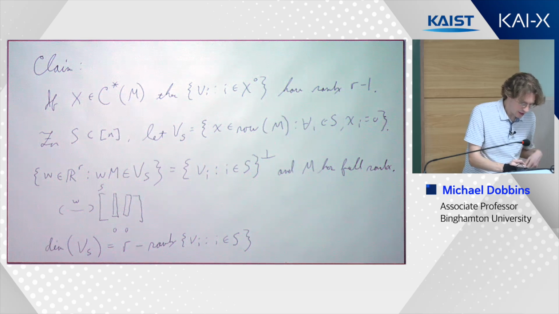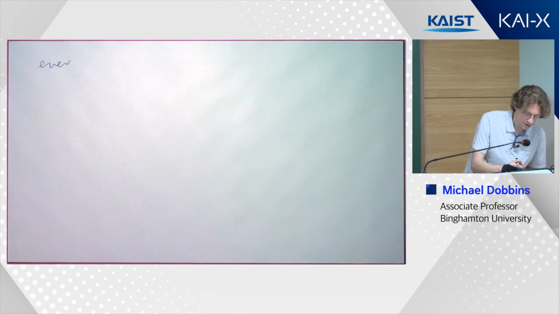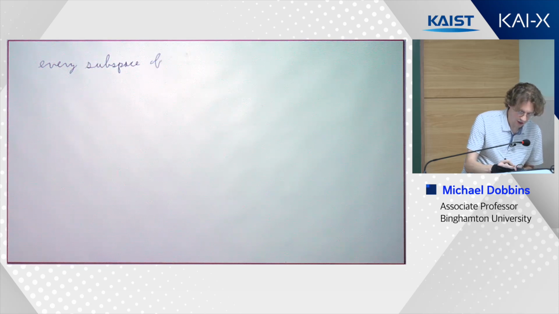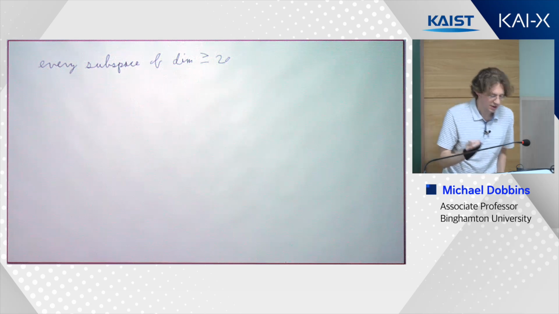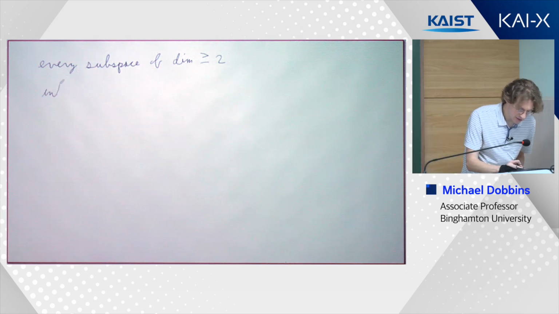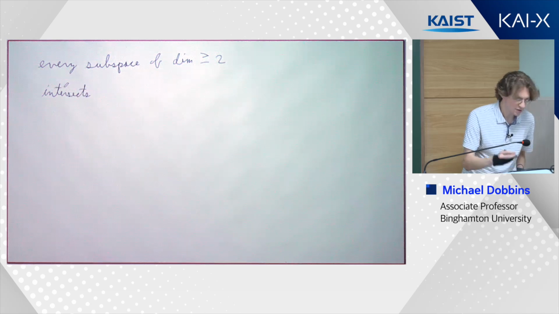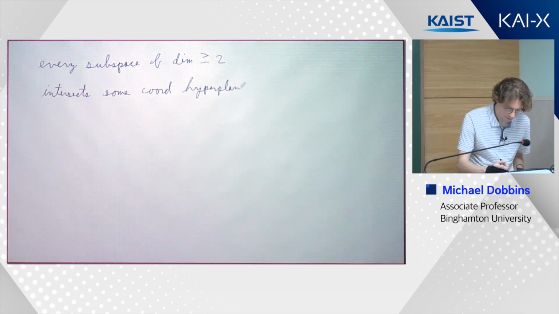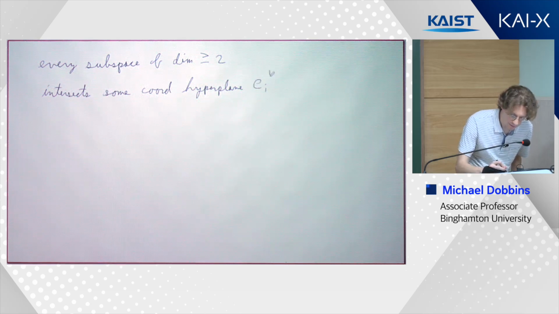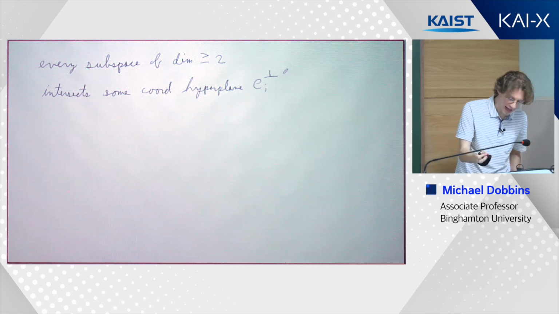So another thing that we can observe is that if you have a subspace of dimension at least 2, then it has to intersect some coordinate hyperplane at a non-zero vector.